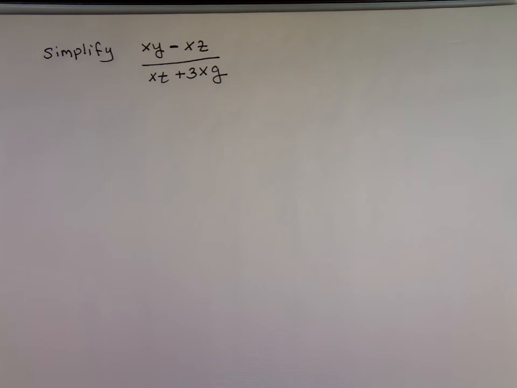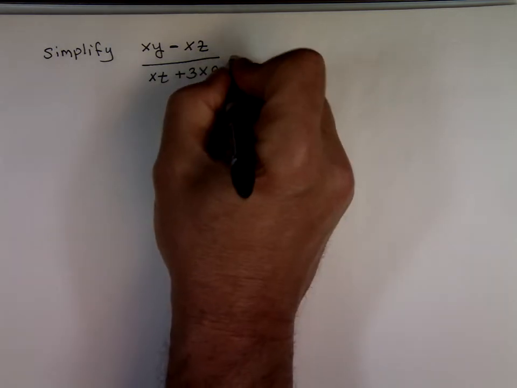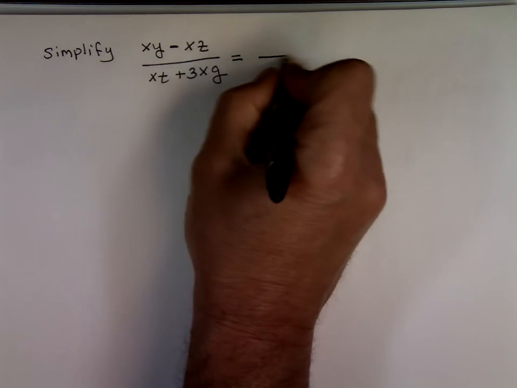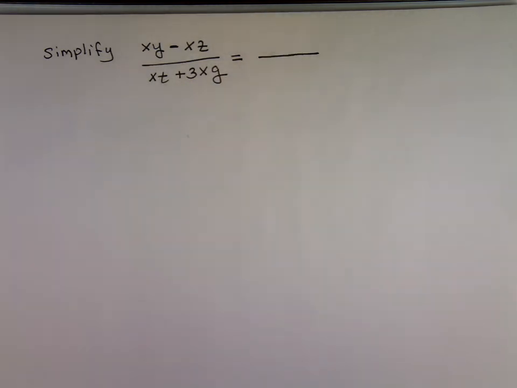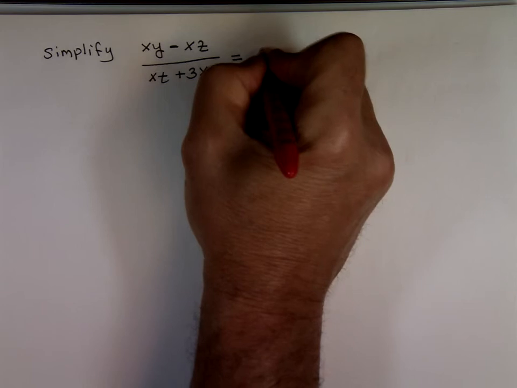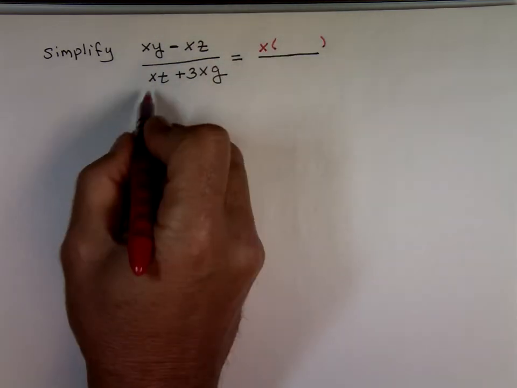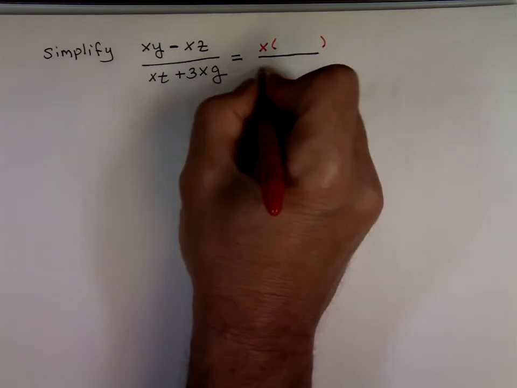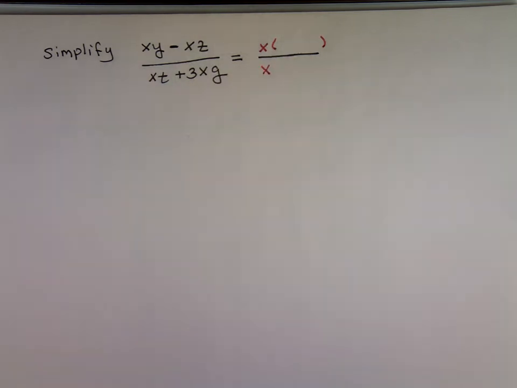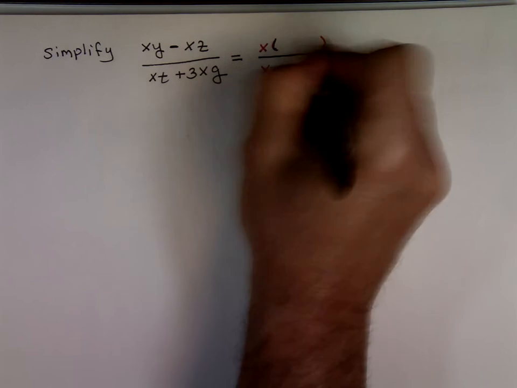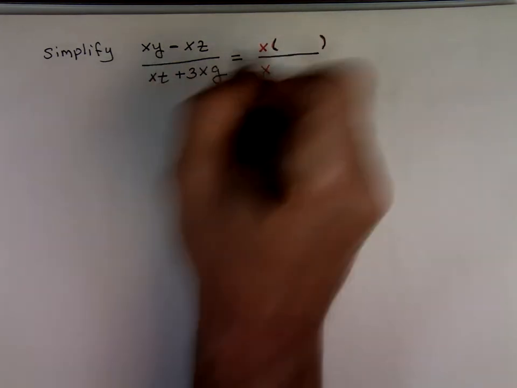Again, let's look at the top. Do you notice anything common on the top? You can factor out the greatest common factor. I see an x on the top. Let's look at the bottom. I also see an x in the bottom. So if I factor an x out, what's left there? There's the y minus the z.